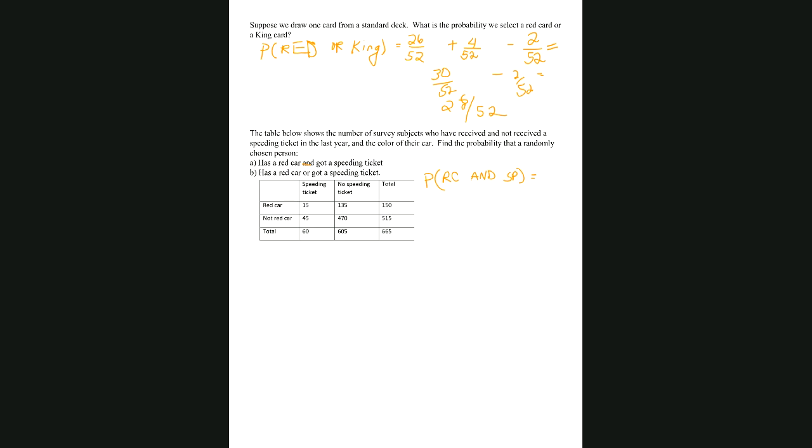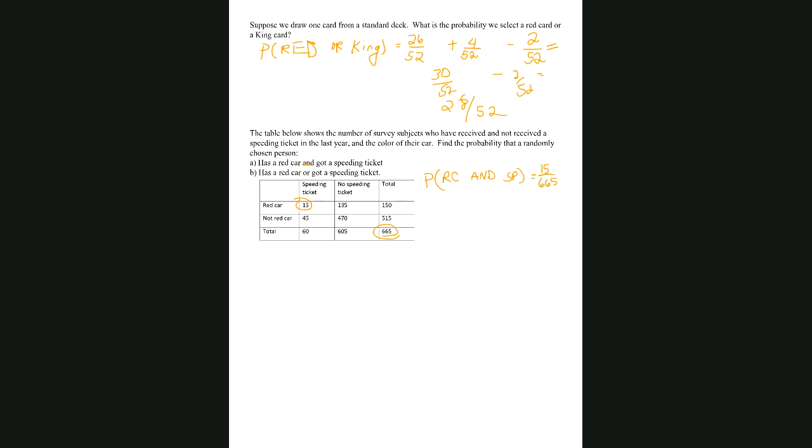So there are 15 people who have a red car and got a speeding ticket. So that is 15 out of the total number of people in the study, which is 665. So that's not so bad.